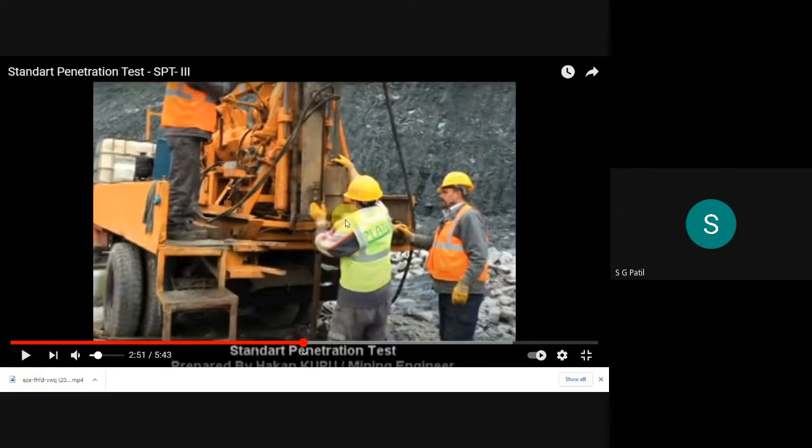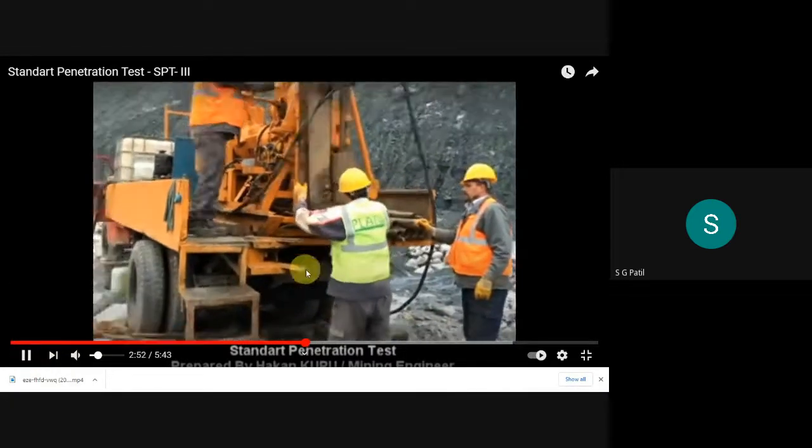I will come to that while doing correction factors. I will come again to this hammer, so just don't confuse. This is one kind of hammer. Now they have attached some hammer here, so let us proceed with the video.